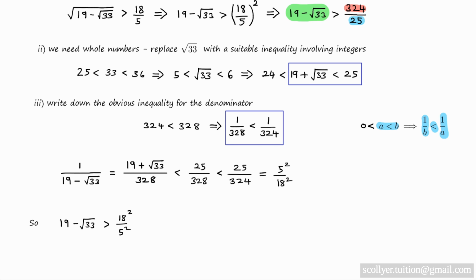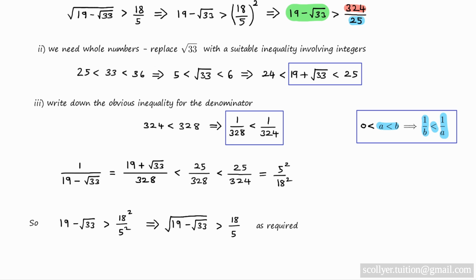And so inverting the appropriate fractions, we have that 19 minus root 33 is greater than 18 squared over 5 squared, where we once again use this result. And on taking the positive square root of both sides, we have that root 19 minus root 33 is greater than 18 over 5, as required.